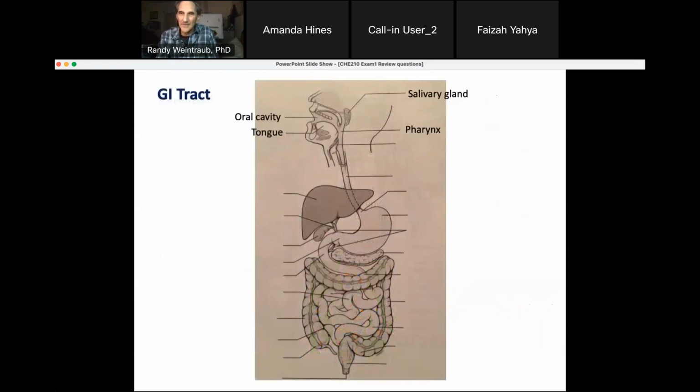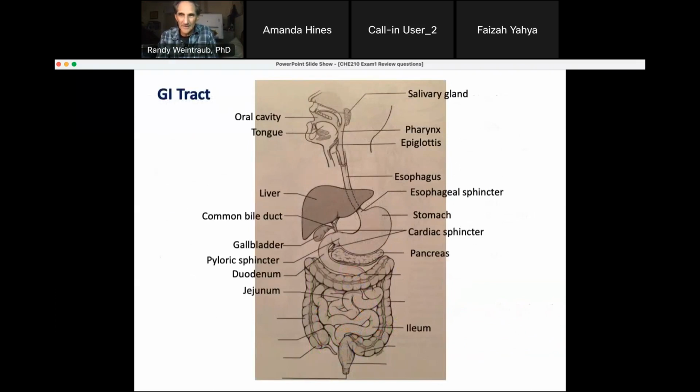And especially in chapter 3, some anatomy along with physiology was mentioned: where things happen, where things could potentially interfere with digestion, transport, and metabolism of nutrients.